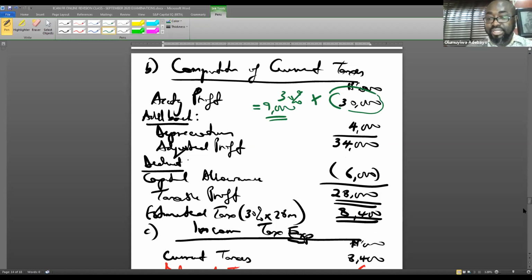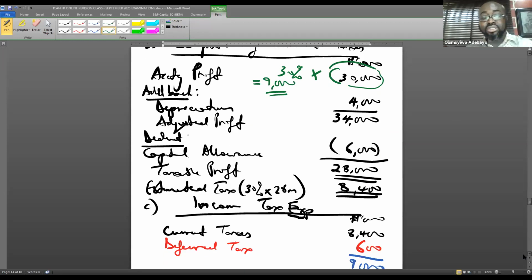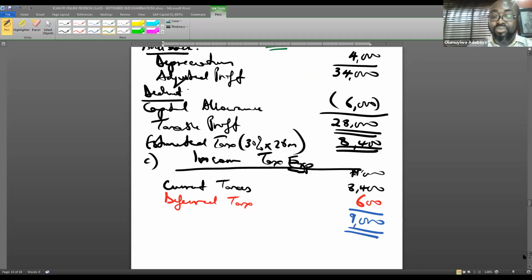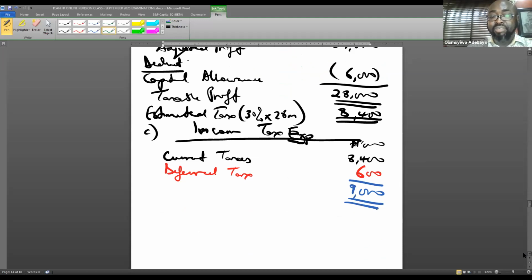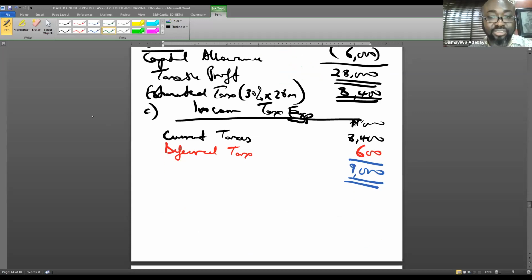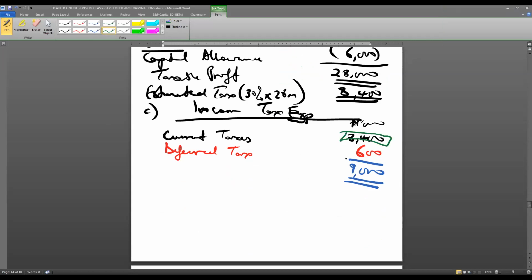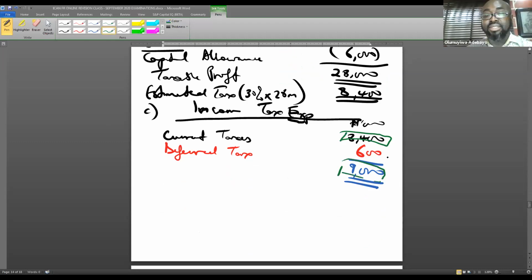The difference between 9 million, that is the tax rate on accounting profits, and the tax rate on taxable profits, which gives 8.4 million. The difference between 8.4 and this 9 million is our deferred tax.